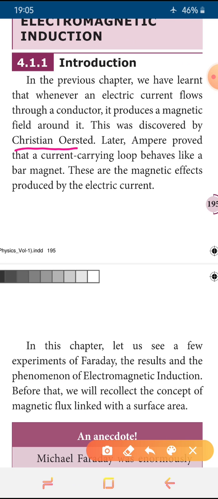Later the scientist Ampere proved the current carrying loop behaves like a bar magnet and also derived the equation. So in these two topics we can understand many things.